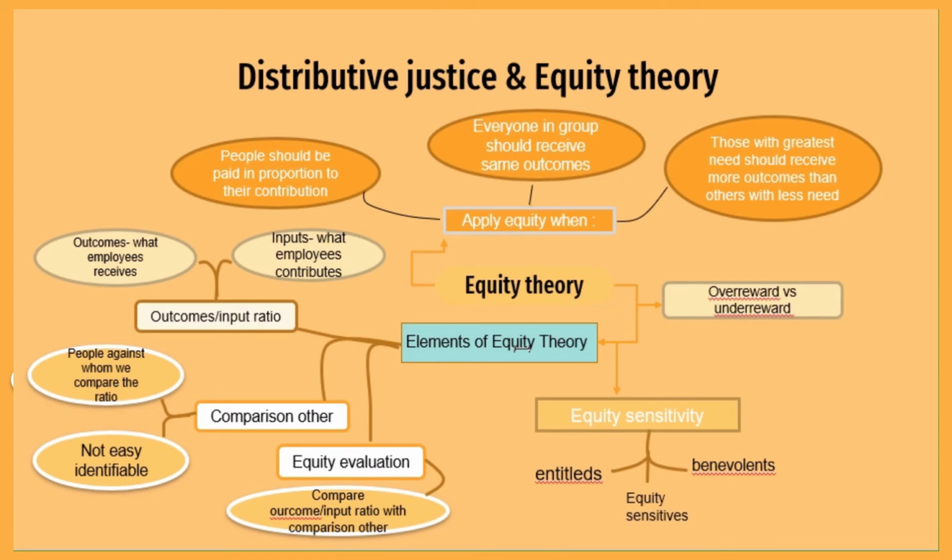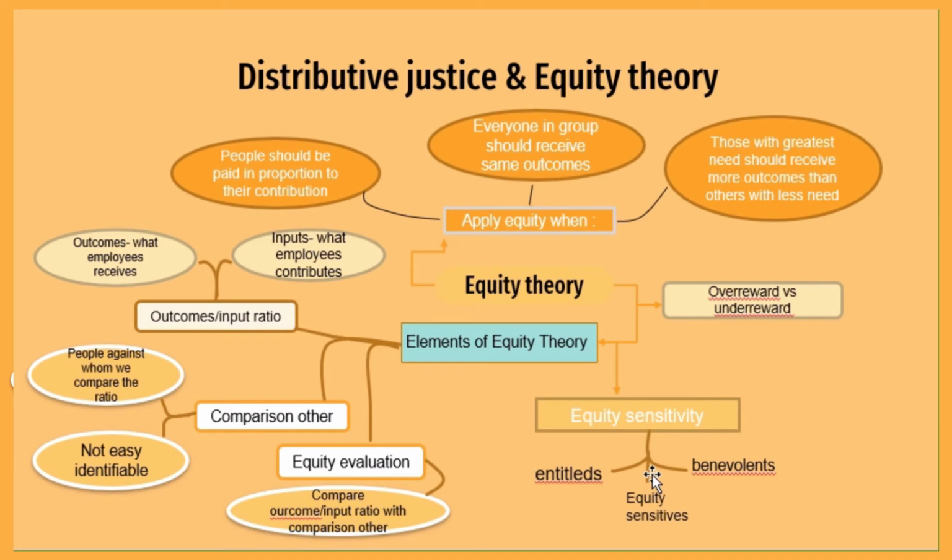Moving to equity sensitivity, it is divided into three: benevolent, equity sensitive, and entitled. Benevolent is being tolerant of being under-rewarded, more willing to accept less reward and contribute more input than the outcomes they are receiving.